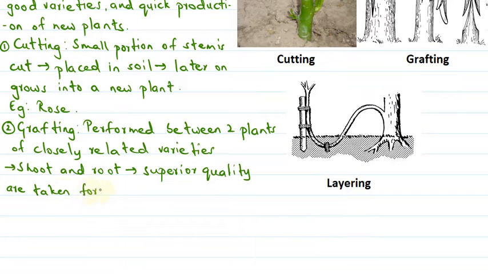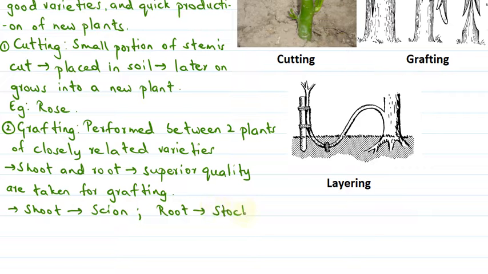This shoot that is taken for grafting is called scion, and the root that is taken for grafting is called the stalk. These are of superior qualities. Then the stalk and scion are tied together.